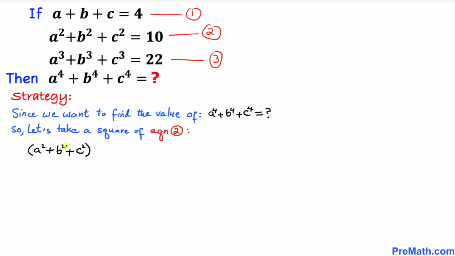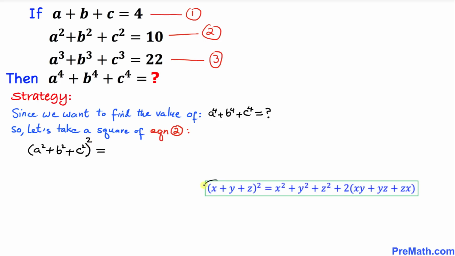And here I have copied down equation number 2, the left hand side. Since we want to take the square on this one, let's take care of the square. Since this is a trinomial and we are taking the square, we'll be using this formula as you can see over here.